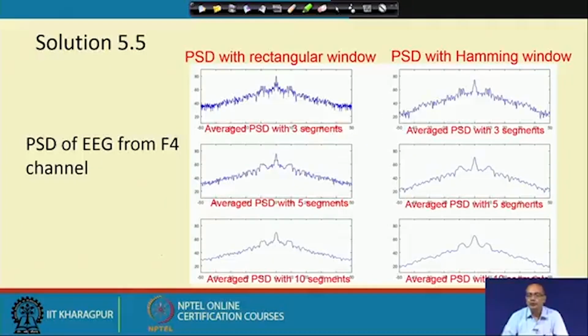So, now we put them together to compare, and like channel F3, we see F4 also gives us the same kind of conclusion: the Hamming window gives a smoother PSD, and irrespective of the window, if we increase the number of segments, we get more and more smooth PSD, but we may lose peaks that way, because they are getting merged as the frequency resolution is becoming poorer as we take more segments to average.